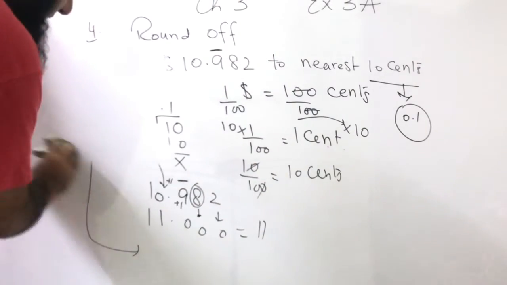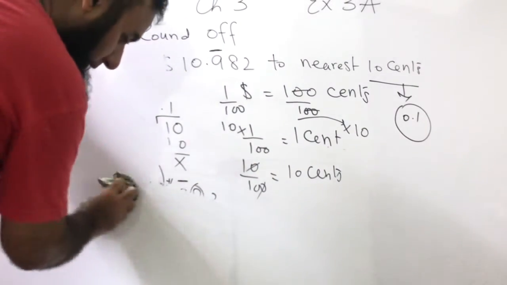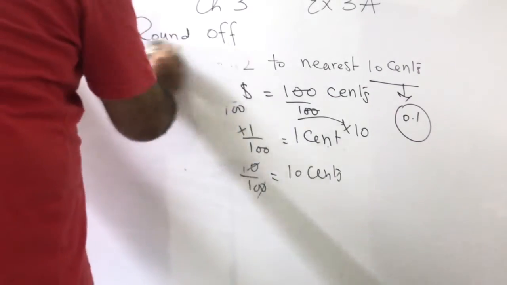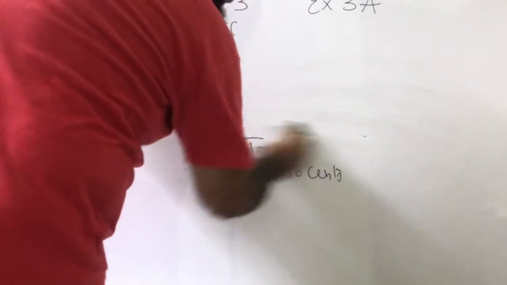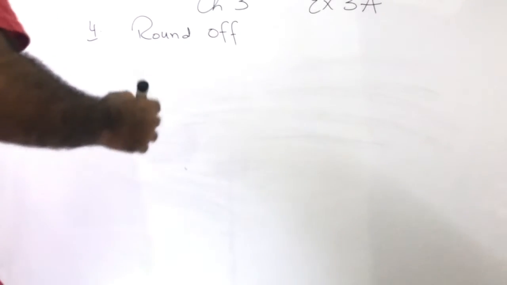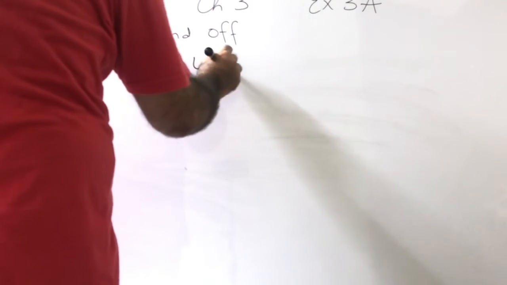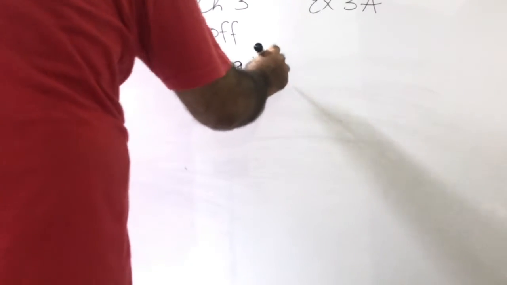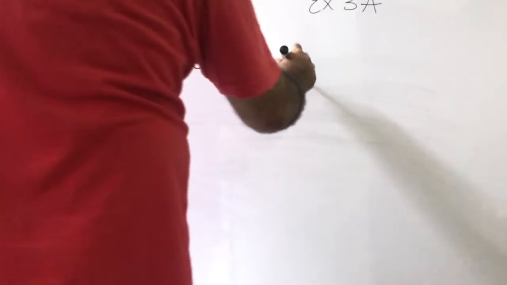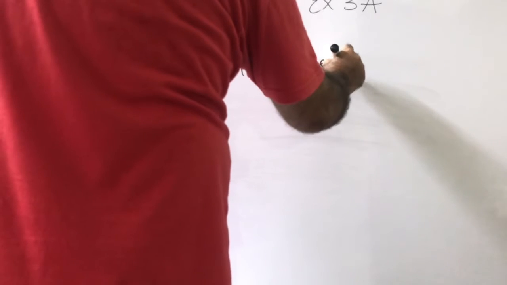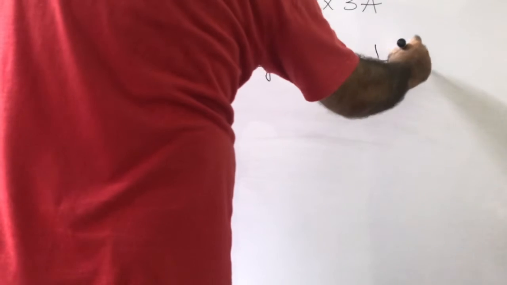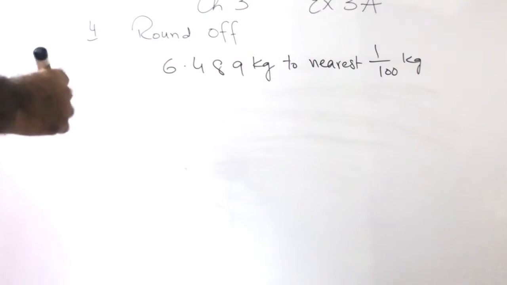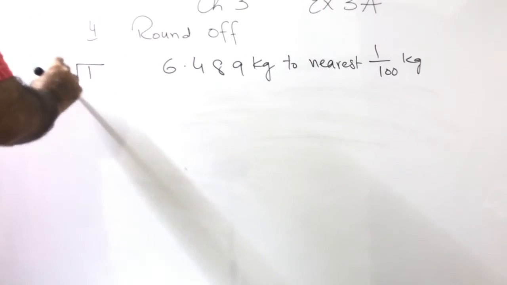Now we will be talking about the last part of this question, which is part D. Part D says that we need to round off 6.489 kg to the nearest 1 over 100 kg. 1 over 100 kg means 1 divided by 100.